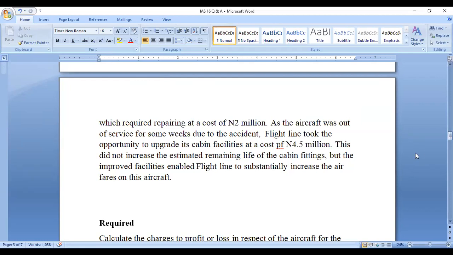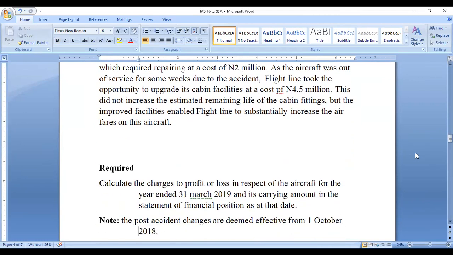As the aircraft was out of service for some weeks due to the accident, Flight Lights took the opportunity to upgrade its cabin facilities at a cost of 4.5 million. This did not increase the estimated remaining life of the cabin fittings, but the improved facilities enabled Flight Lights to substantially increase airfares on this aircraft. So cabin facilities, cabin fittings and all.